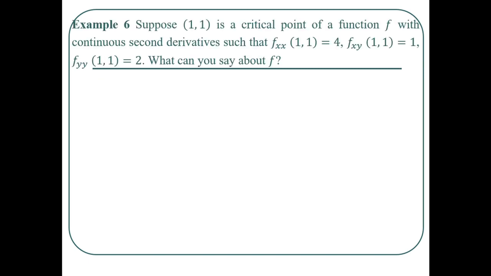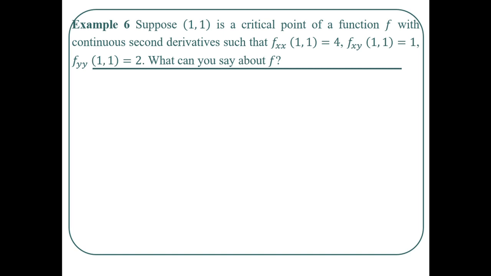Example, suppose (1, 1) is a critical point of a function f with continuous second derivatives such that f_xx at 1 is equal to 4, f_xy at 1 is equal to 1 and f_yy at 1 is equal to 2. What can you say about f? Here we want to use the second derivative test.